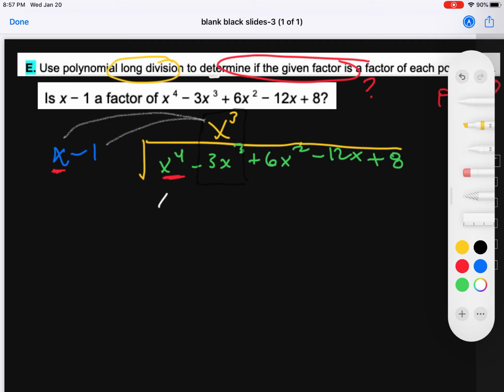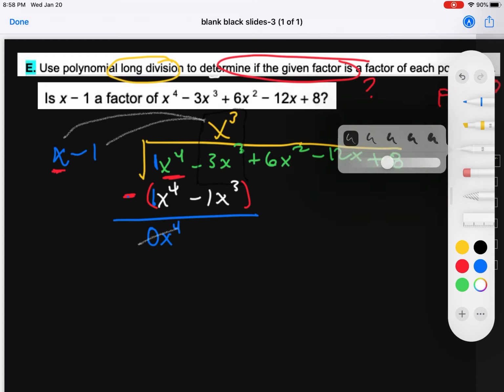x times x cubed is x to the fourth, and x cubed times -1 is -1x cubed. When I do subtraction here, I'm going to put that in parentheses. So 1 minus 1 gives you a 0, so this one you don't write.